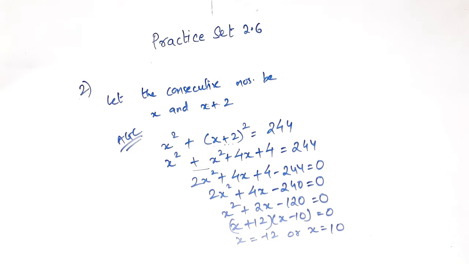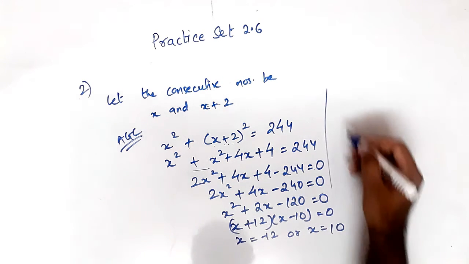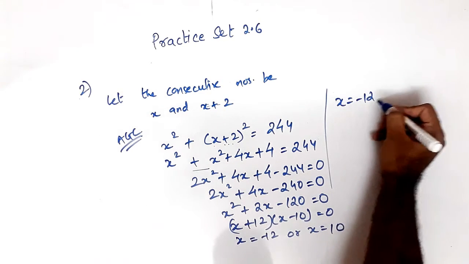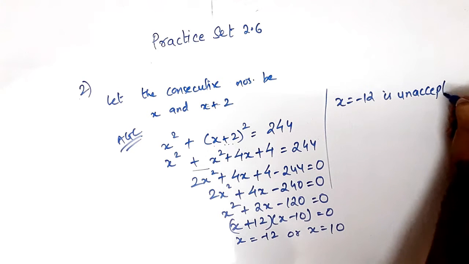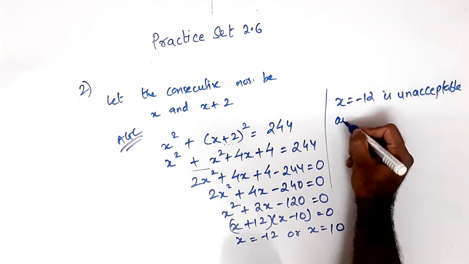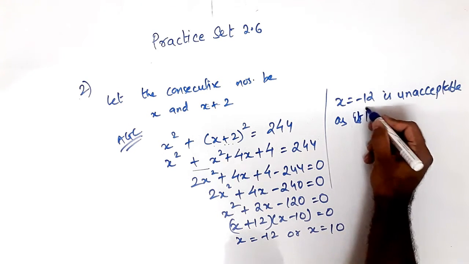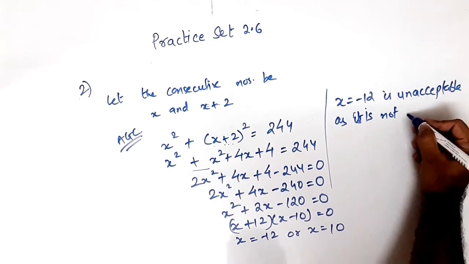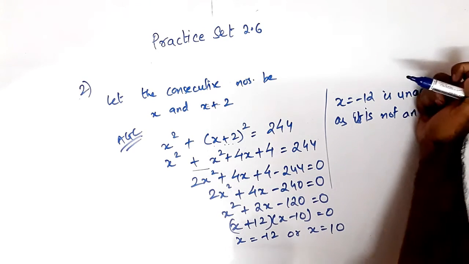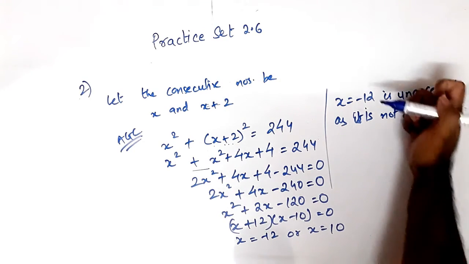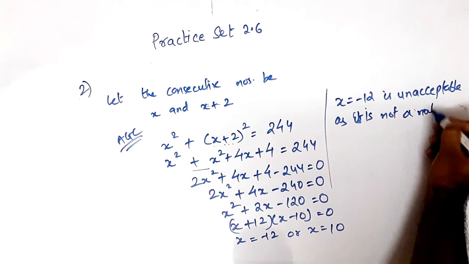Okay, they have given even natural number, so even natural, I cannot take this because this is not a natural number. Natural number is this. Okay, so x is equal to minus 12 is unacceptable as it is not a natural number.